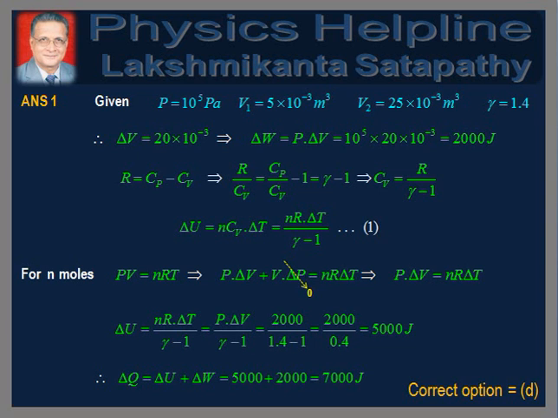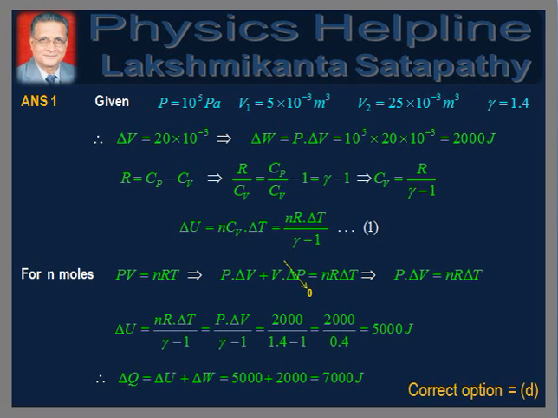Therefore, we have P into delta V is equal to nR into delta T. Therefore, equation 1 implies delta U is equal to P into delta V divided by gamma minus 1. We have already calculated P into delta V is equal to 2000 joules and gamma minus 1 is equal to 0.4.